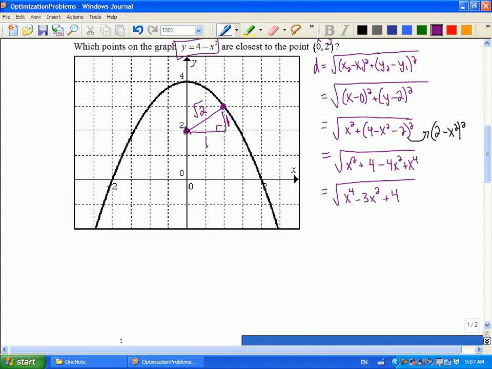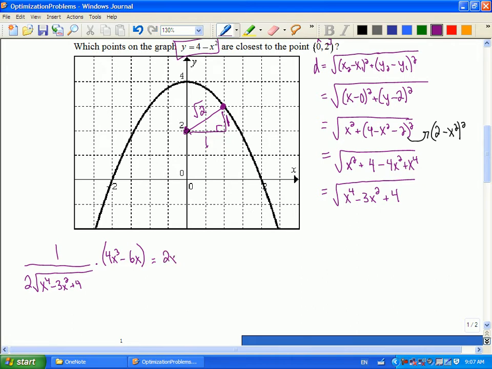Okay. So I'm going to have 1 over 2 root x to the 4 minus 3x squared plus 4 times 4x cubed minus 6x. And then let's take out, might as well take out this common factor here.